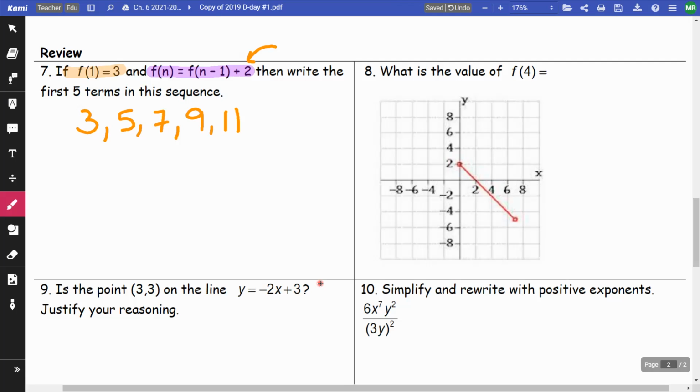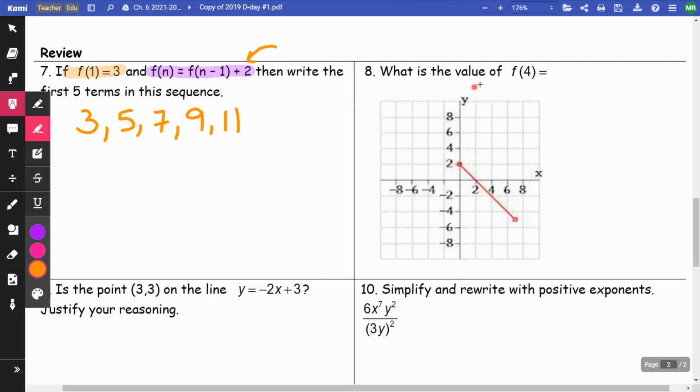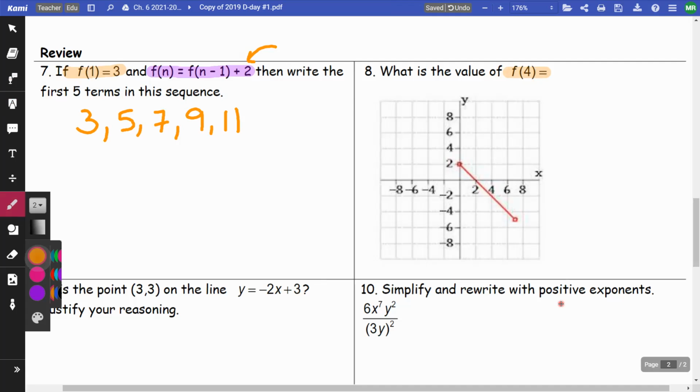On number 8, they want us to find f of 4. So what that means is basically, if I put in 4, what do I get out? So I know it's going to be 4 comma what? That's really kind of what I'm thinking about.